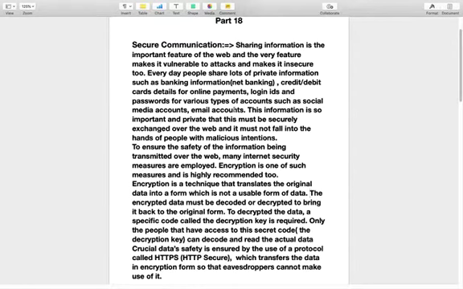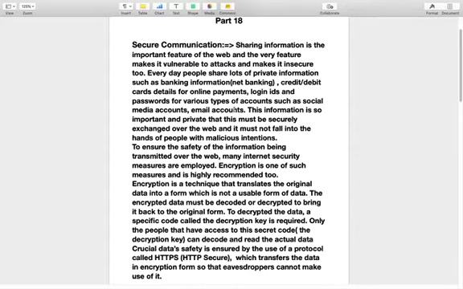And what is encryption? Encryption is a technique that translates the original data into a form which is not usable. After the encryption, when the data is sent to the proper destination or proper person, he can decrypt the code. Decrypting the code means getting the data back in the original form.